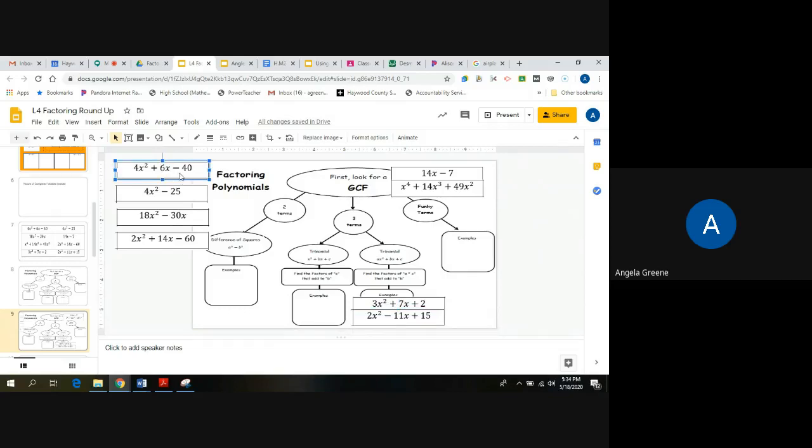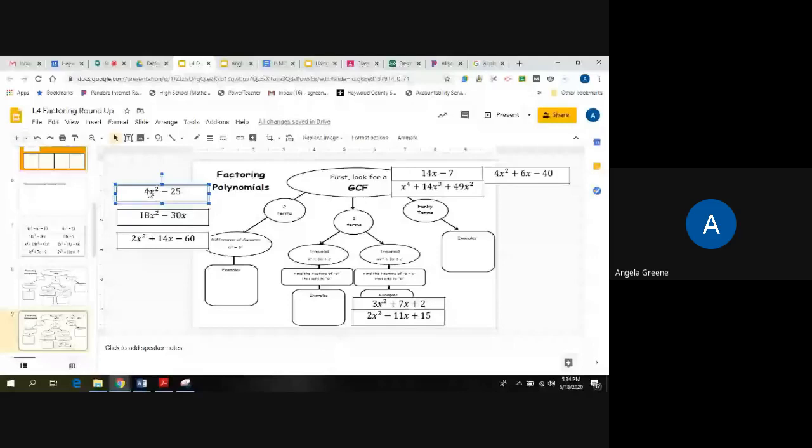Okay, this one looks like I have a GCF. All 3 of these have a GCF of a 2. So I'm going to factor out a 2. This one, I'm looking at it, doesn't look like I have a GCF, but notice how I have 2 terms. Also, notice how there is subtraction between the 2 terms.